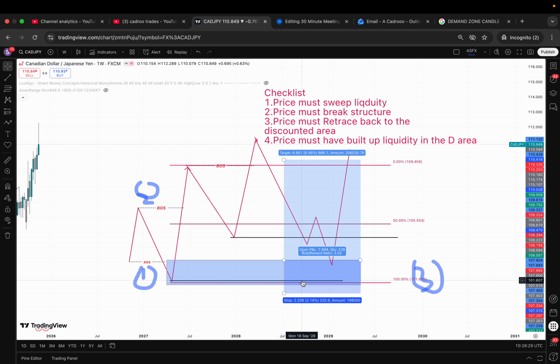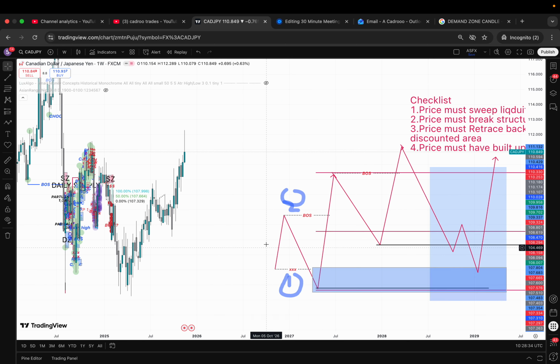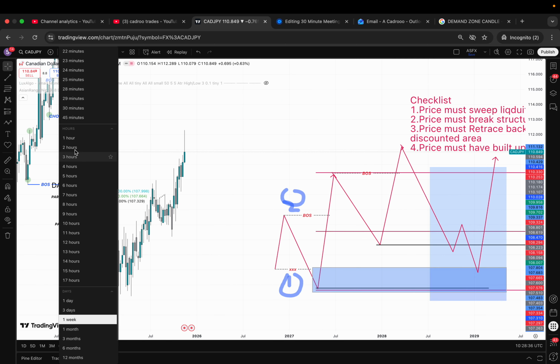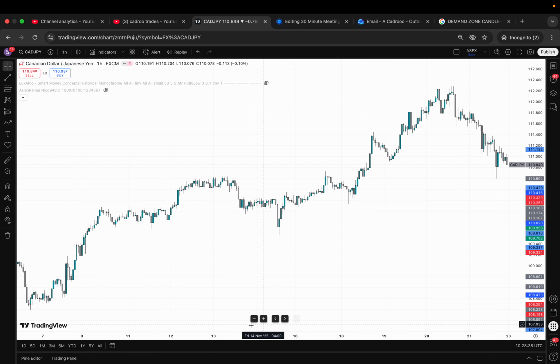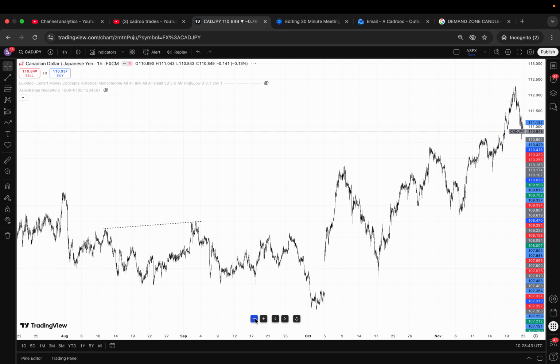Checklist you must have before you consider taking a trade. As simple as this, guys. So now let's go to the 1 hour time frame to see if I can find an example to show you guys.